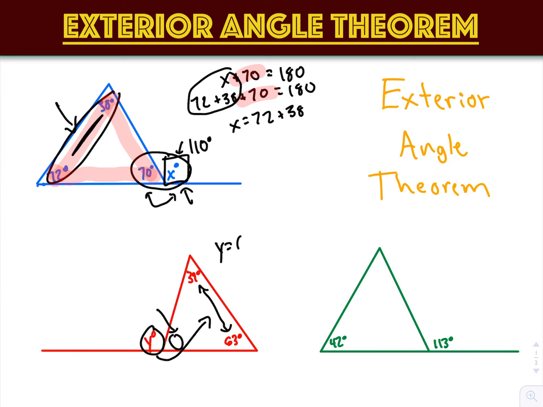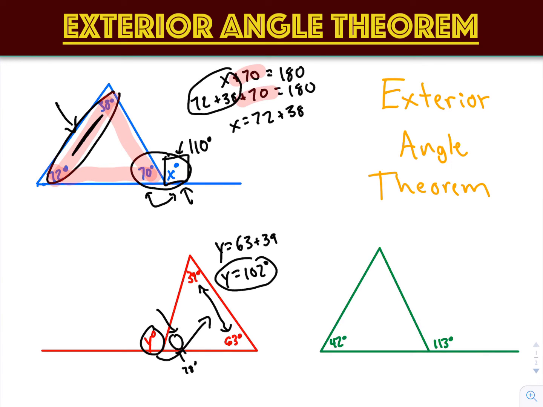So y equals 63 plus 39, which means that y equals 102 degrees. If I wanted to find this angle, it would be 180 minus 102, which is 78. The question doesn't ask for that, it just asks for y.